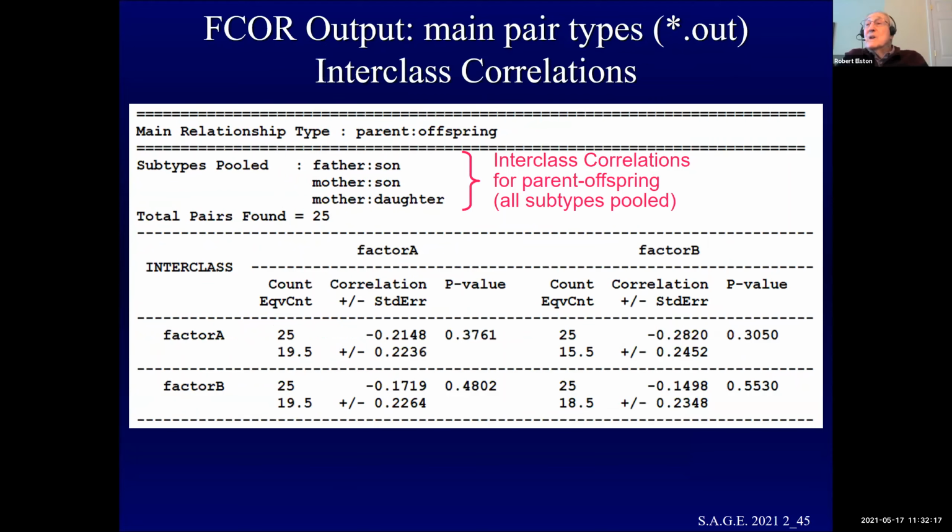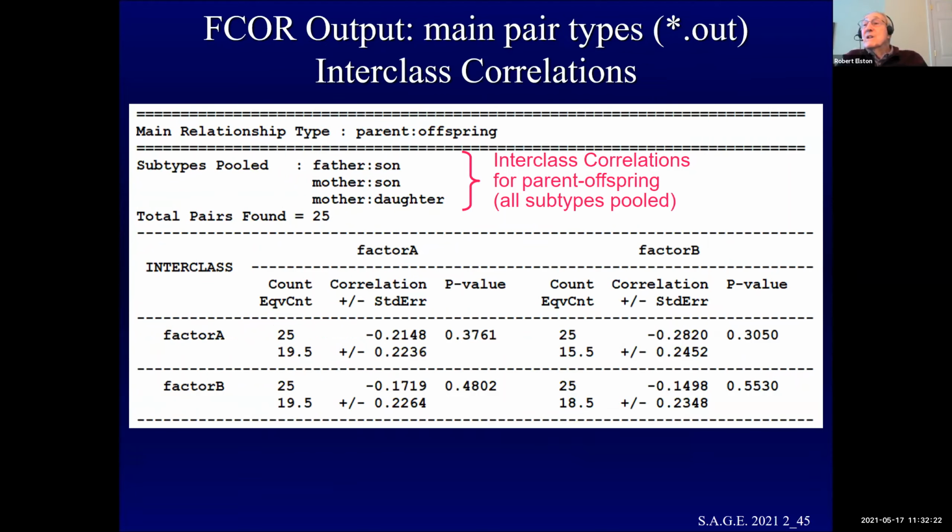This one is the inter-class correlation for parent-offspring, all subtypes pooled. And you've got the equivalent counts everywhere and the p-values. Let's go on to the next slide.